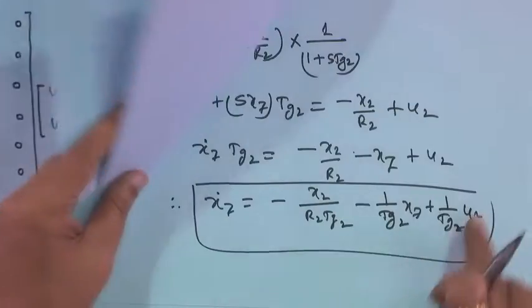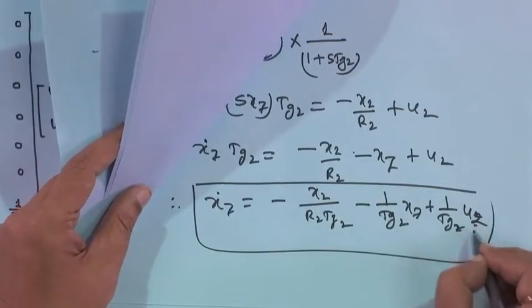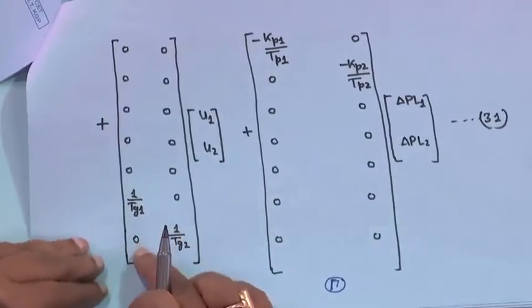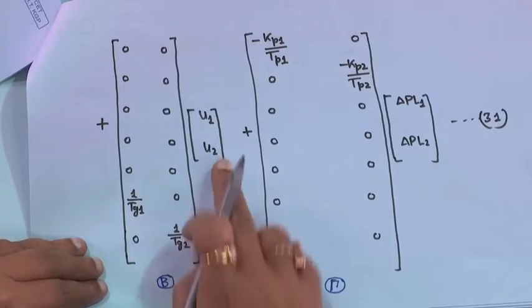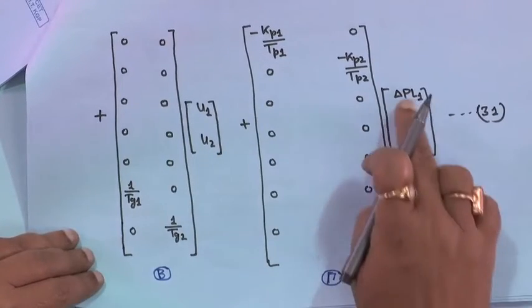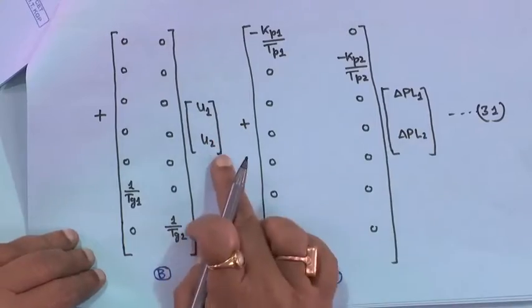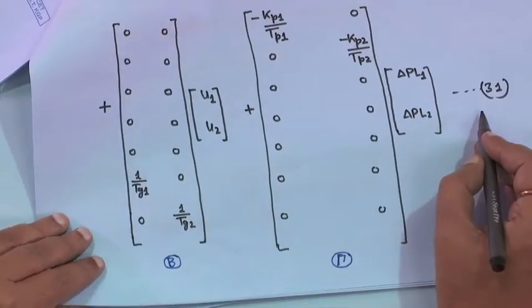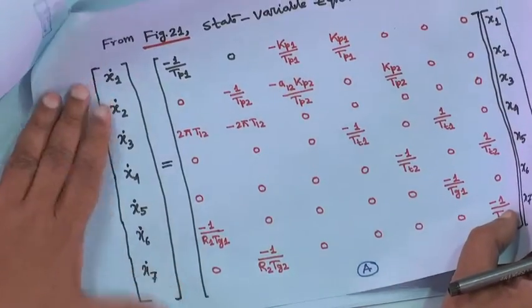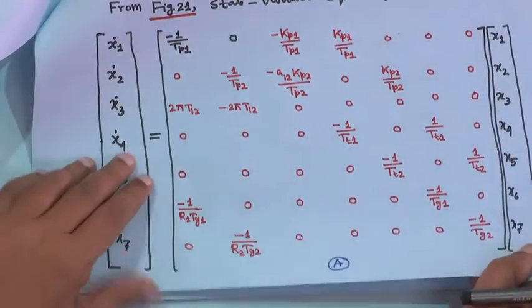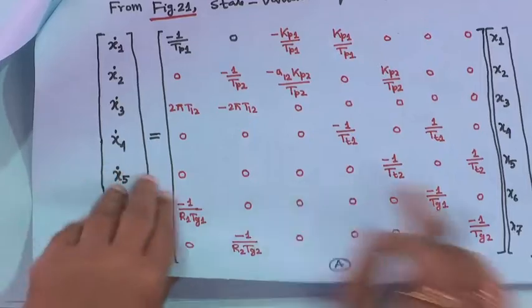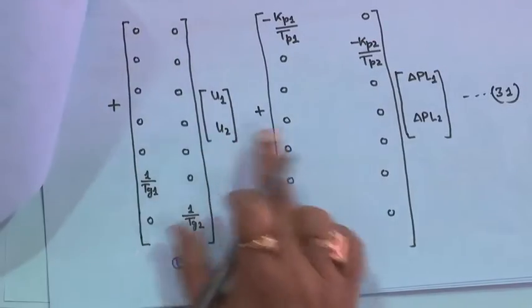Therefore, it is 0 first, then 1 upon Tg2 for u2, and here it is 0 0, and this is delta PL1, delta PL2, u1, u2. So, this is equation 31. Equation 31 means all together: the left-hand side is x dot, this matrix is Ax, and this one is Bu, and this is gamma p.